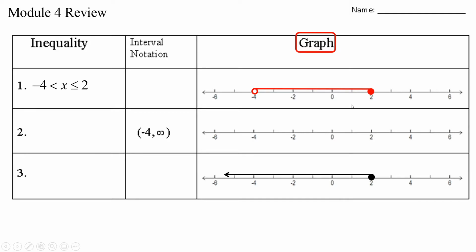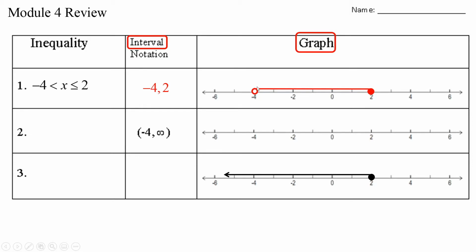Now, let's go to the interval notation. And as soon as I say the word interval notation, I picture the comma, like that. And then I like to put my bounds in first. So my left bound is a -4, and my right bound is a +2. And then I think, do I need parenthesis or bracket on my bounds?